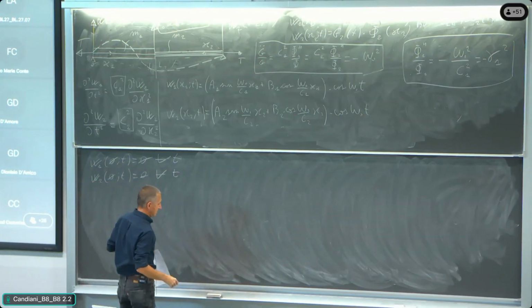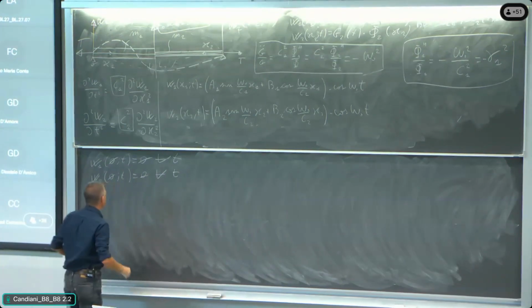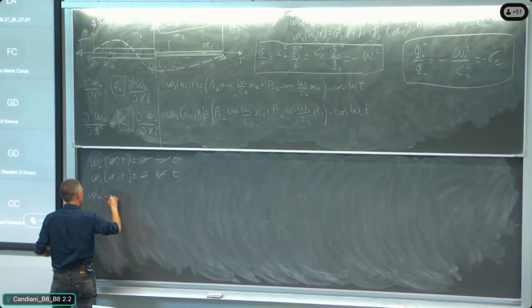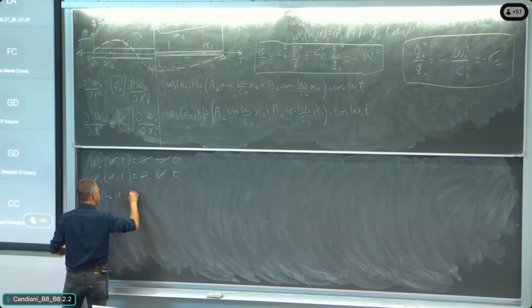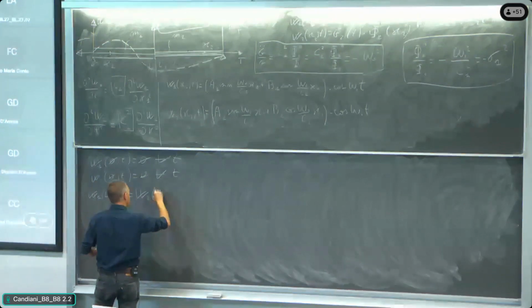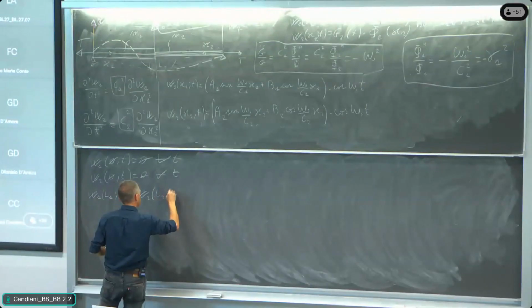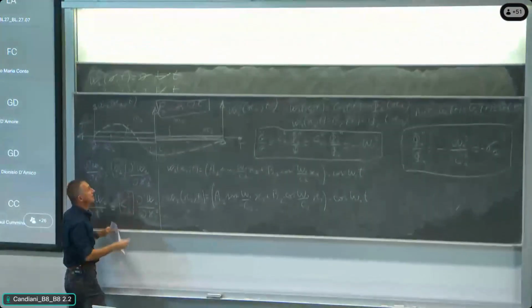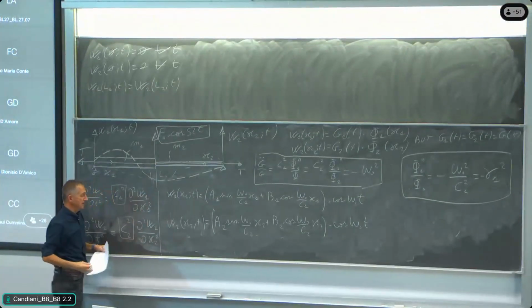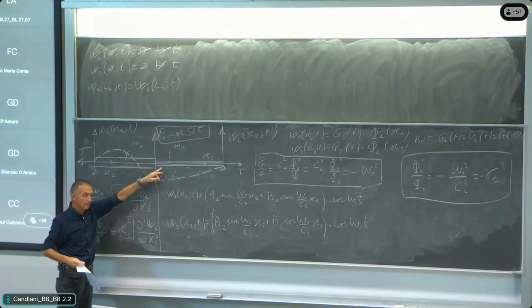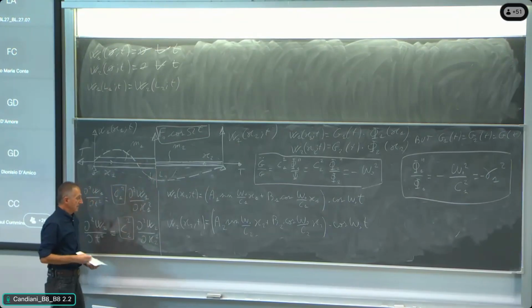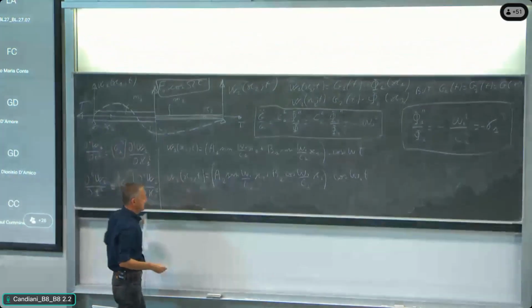Then the other condition is that W1 at the location L1 and time is equal to W2 at the location L2 and time. All right? So at the connection, at x1 equal to L1, x2 equal to L2, W1 is equal to W2. All right? Then there is an equilibrium.